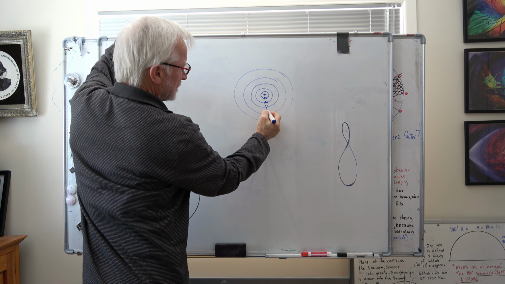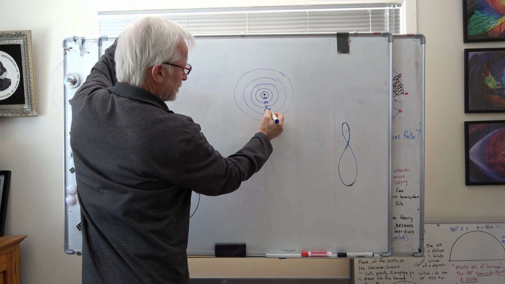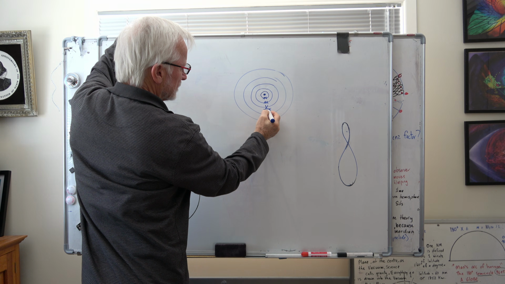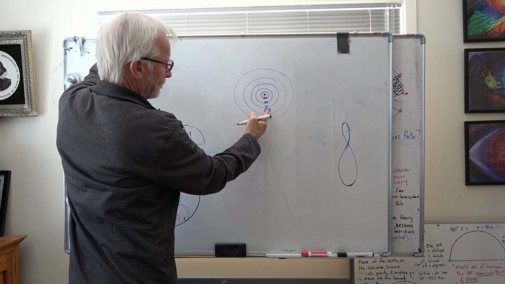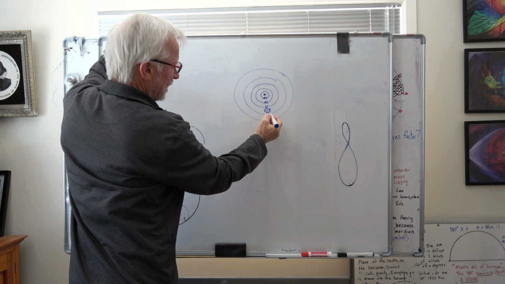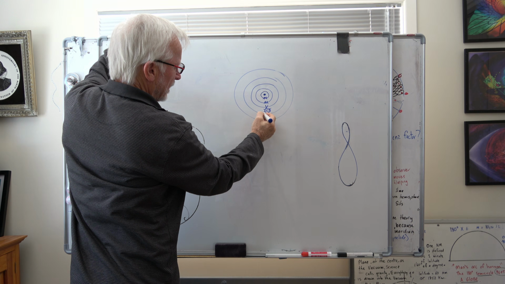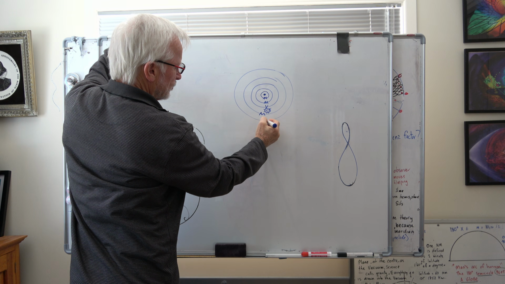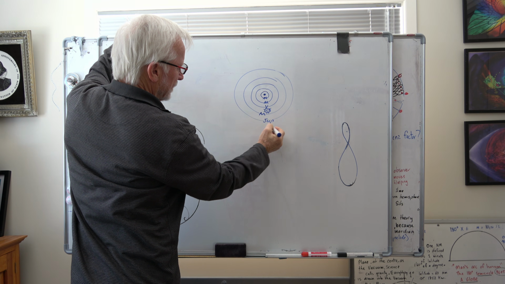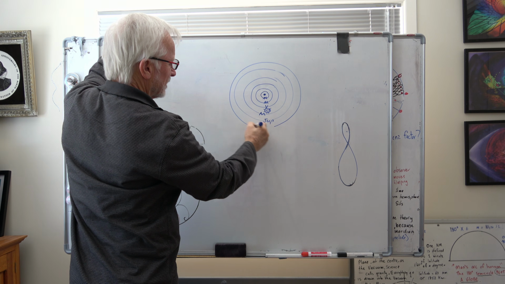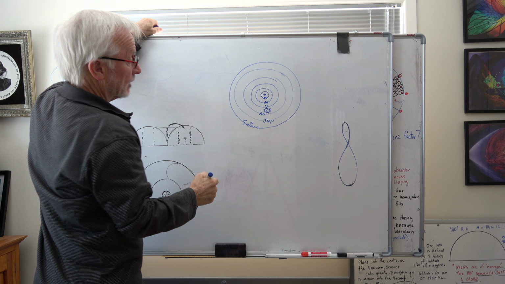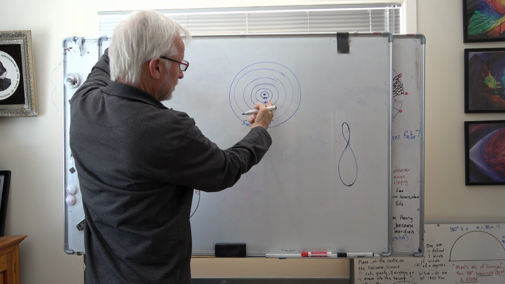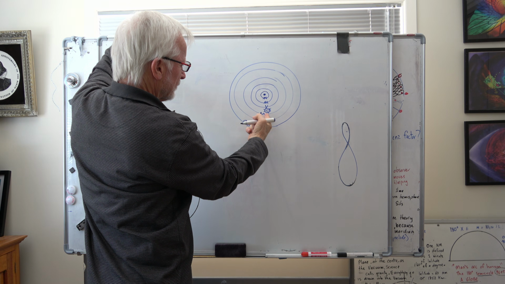I think he put, was he the one who put the smiley face out here as the sun? I think it was him. Then we had Mars, Jupiter, and then Saturn. Okay? Moon, Mercury, Venus, Mars, Jupiter, Saturn.